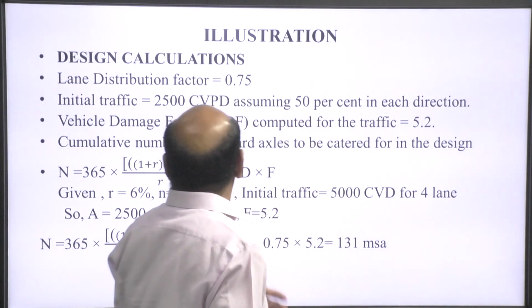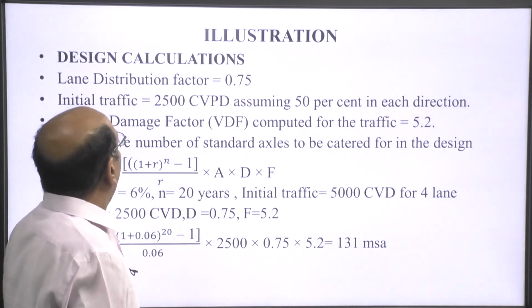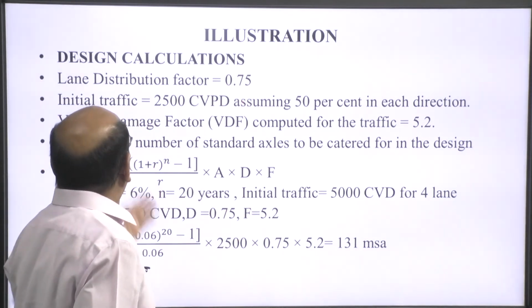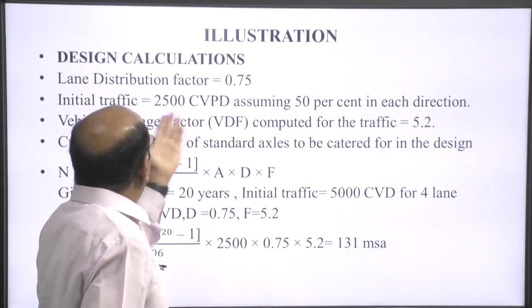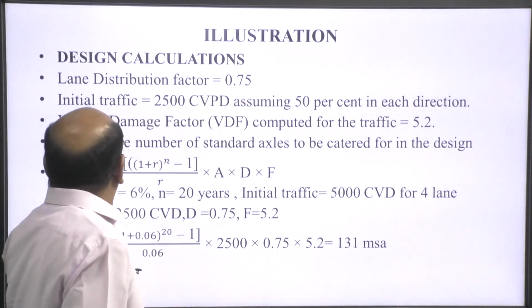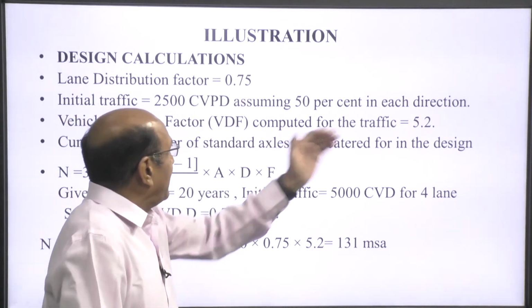Now, the calculation: lane distribution factor will be 0.75, because there are 2 lanes. Initial traffic is 2500 CVD, assuming 50% in each direction. Vehicle damage factor VDF is given 5.2.